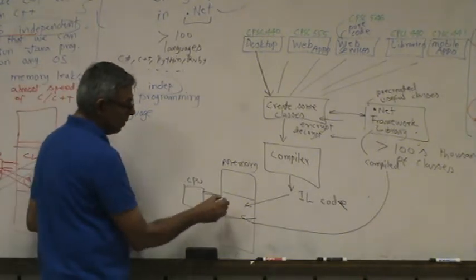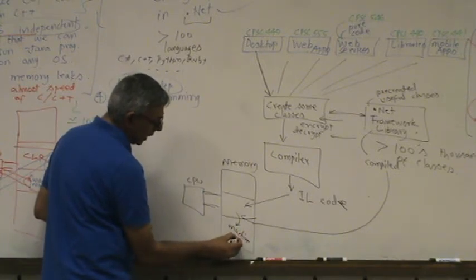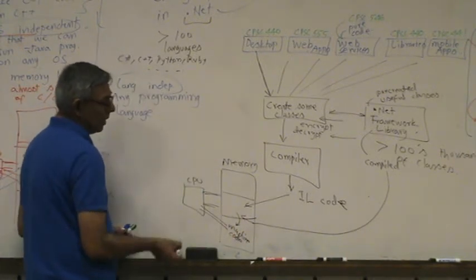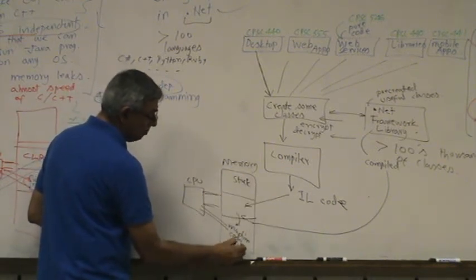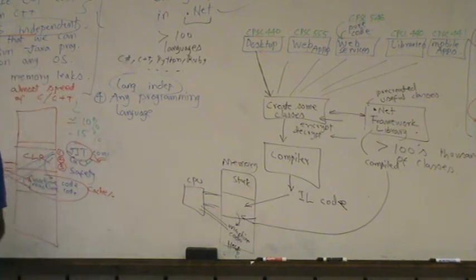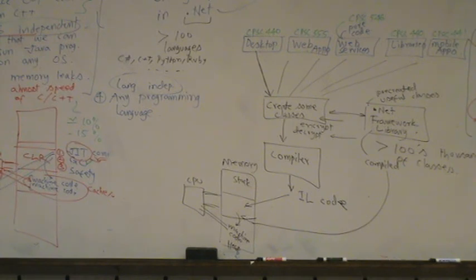Now the CPU will take over, convert it to machine code as it's running using just-in-time compilation, and the code will end up using the stack area, the heap area, and we'll run our application, right? So that's the fundamental idea. I'm already late, so we'll continue from this point on, but this is the major idea under .NET, how we create applications.